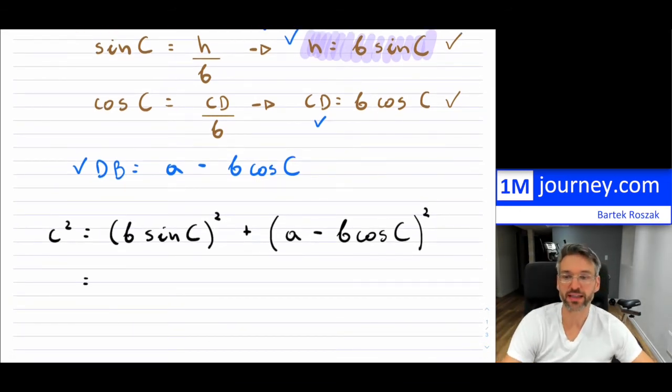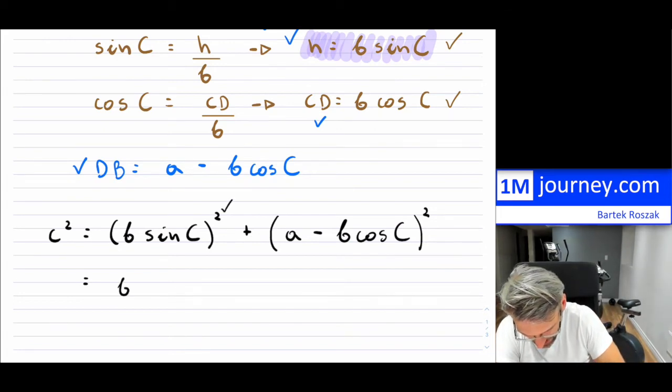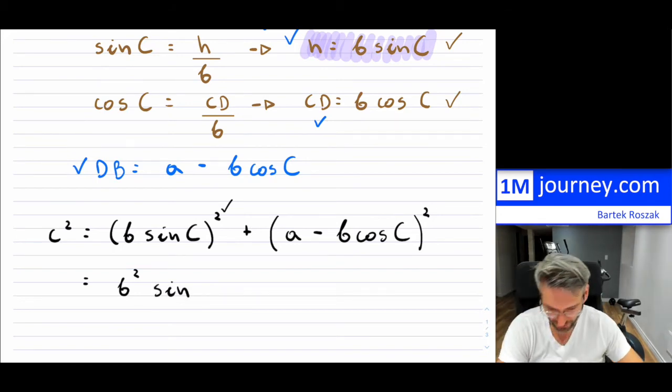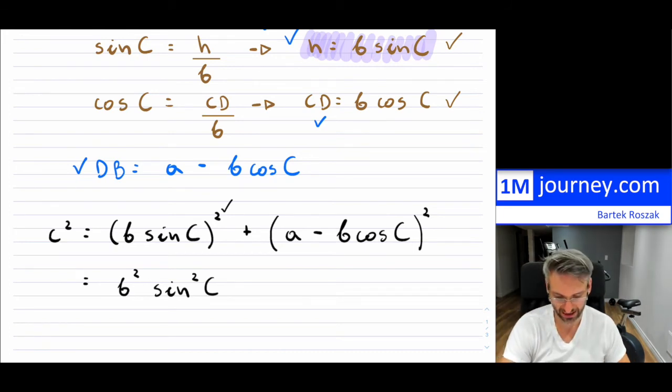Now, squaring these, so bringing this and squaring, I'm going to get B squared and sine of C squared, which we write as sine squared C, so that's exactly the same thing.